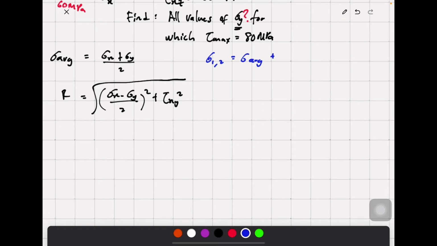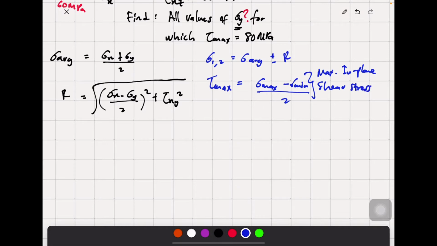This is how we rearrange our equation on the left, and 1 and 2 represent the maximum and minimum, major stress and minor stress. Maximum shear stress is equal to sigma max minus sigma min over 2. This is the maximum in-plane shear stress.